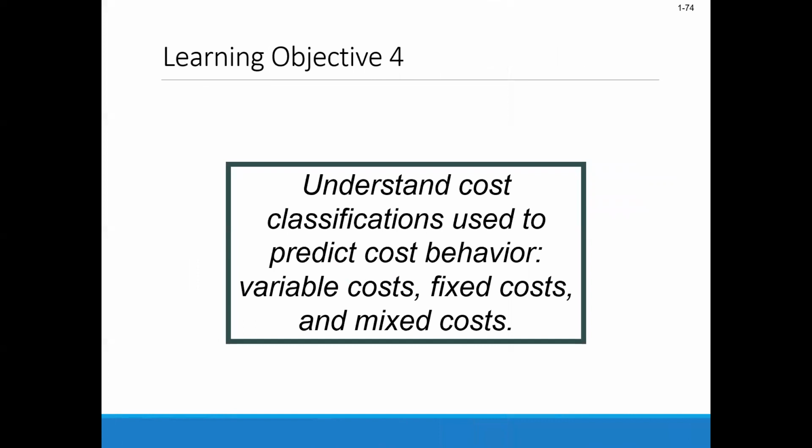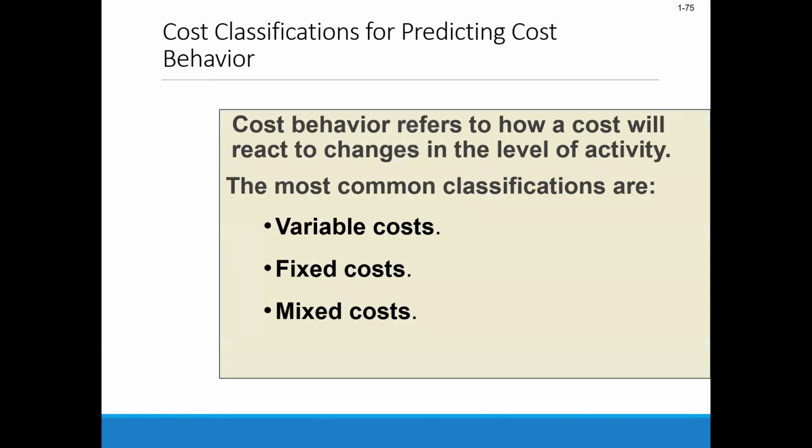Now, understand cost classifications used to predict cost behavior. We're going to look at variable cost, fixed cost, and something we're going to call mixed costs. When we talk about cost behavior, we're talking about how a cost will react to changes in levels of activity.